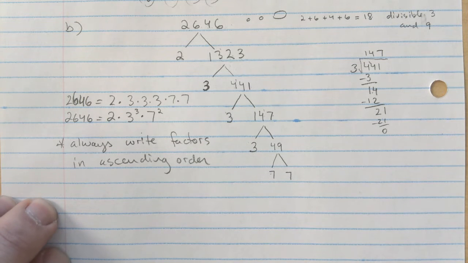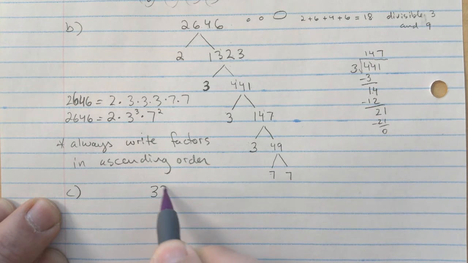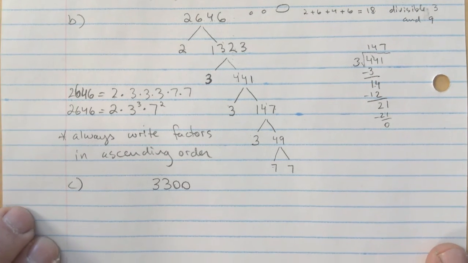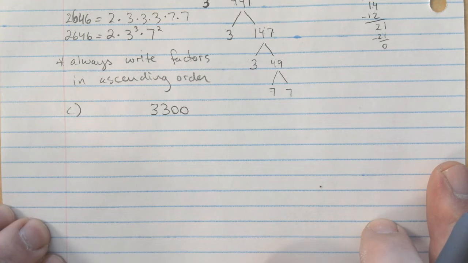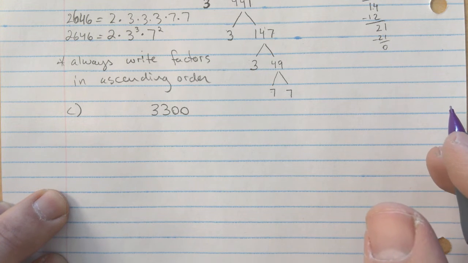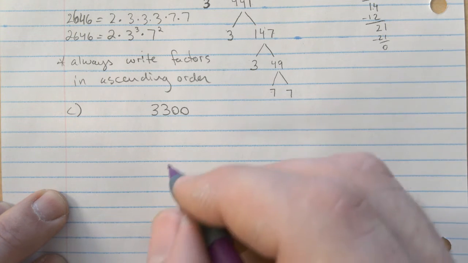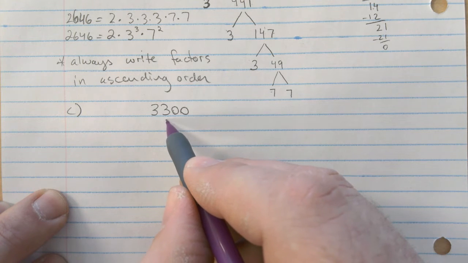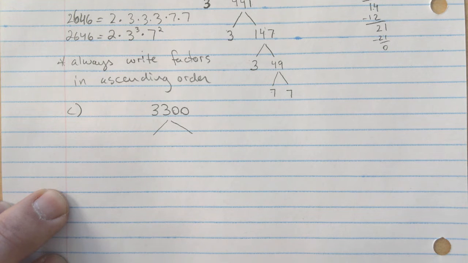I'm thinking I'm going to give you one more. Let's try 3300. Okay. 3300.